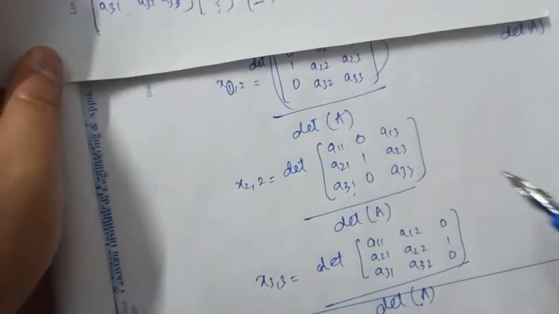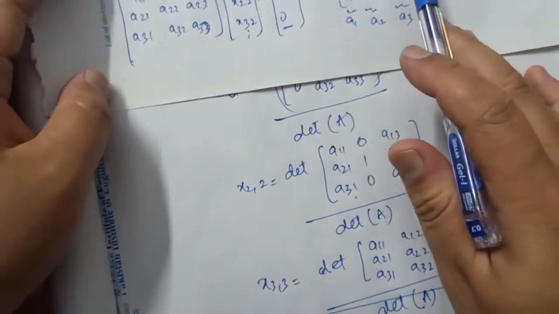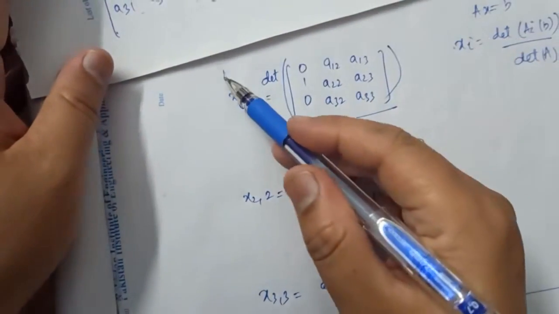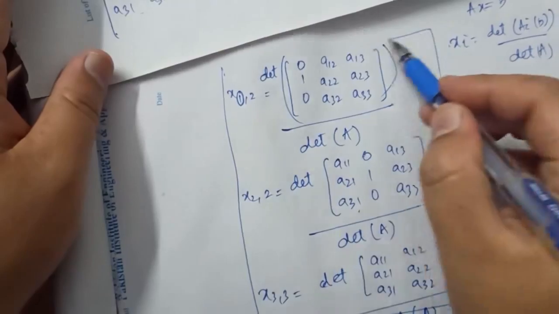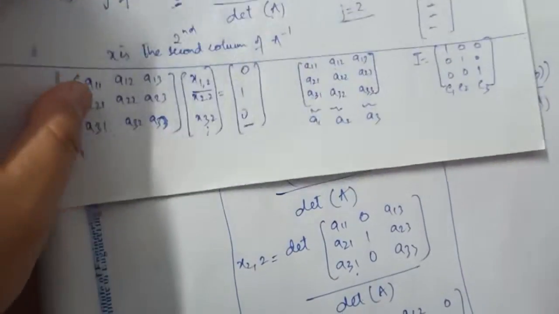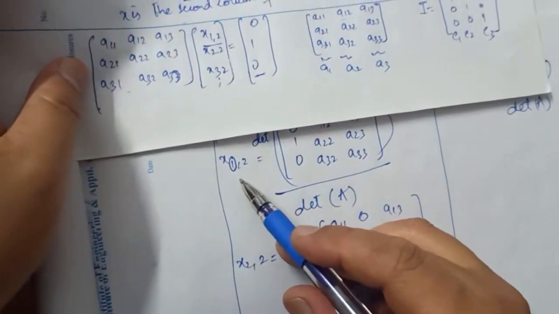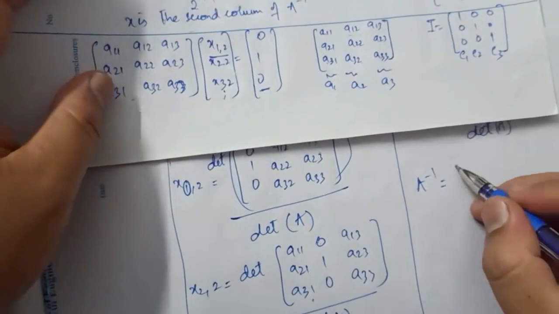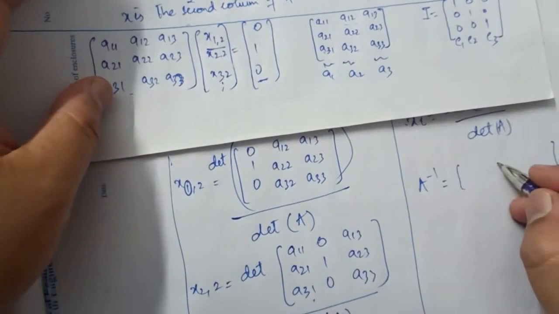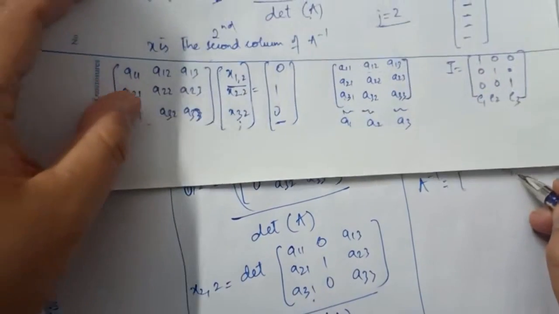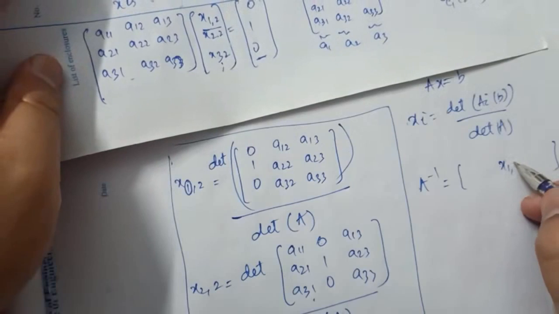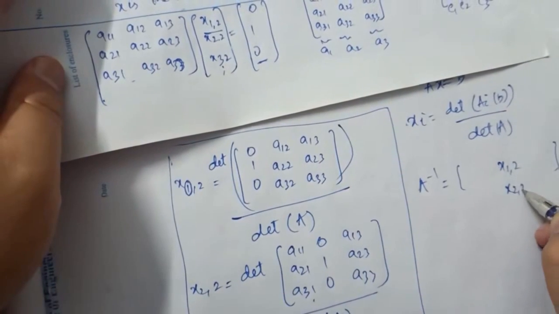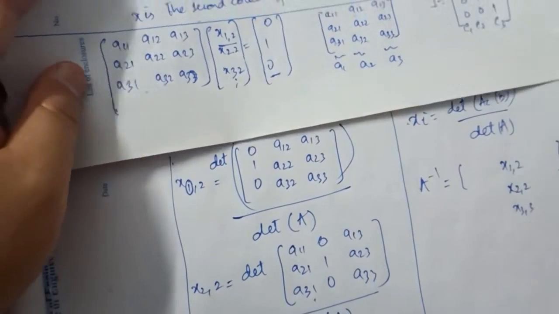So it means what we have done here is, once we solved this, we were able to find out the jth column of A inverse, right? If this was A inverse and x was the jth column, we don't know the rest of the other columns, so I am actually finding out x12, x22 and x32, right?